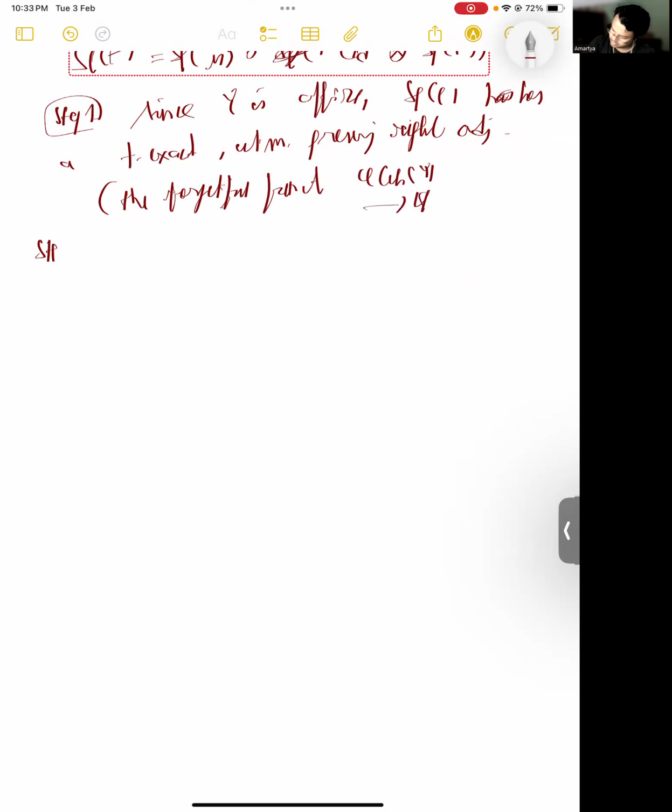Step 2. So let me write this: the forgetful functor Q call to SP, right? Step 2 is, right, so this is theorem 3.1.1, I guess.